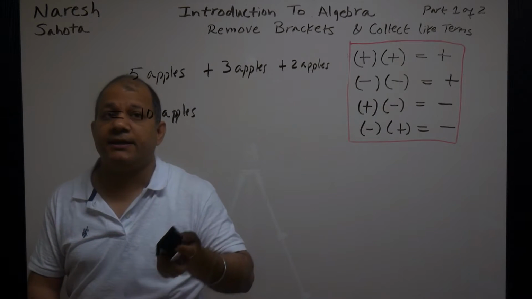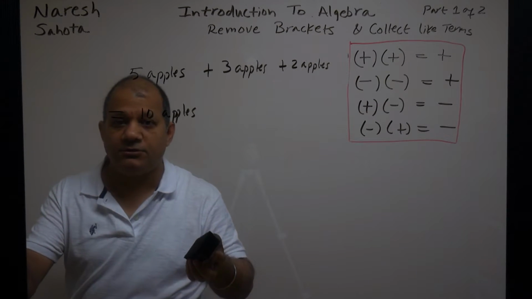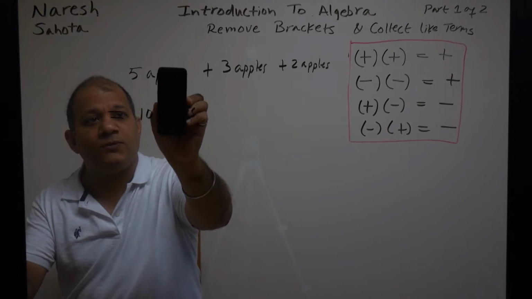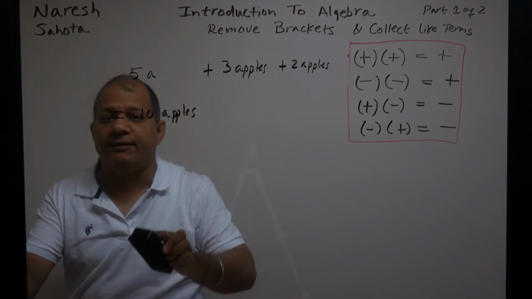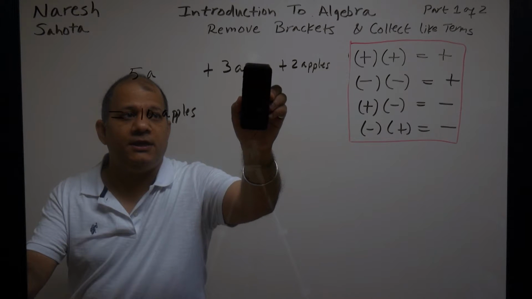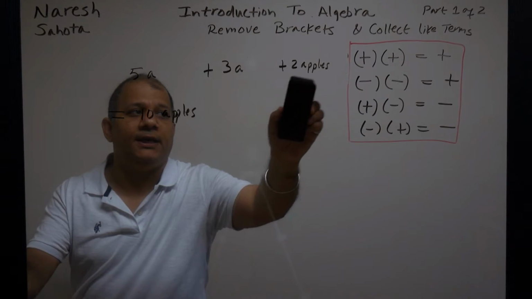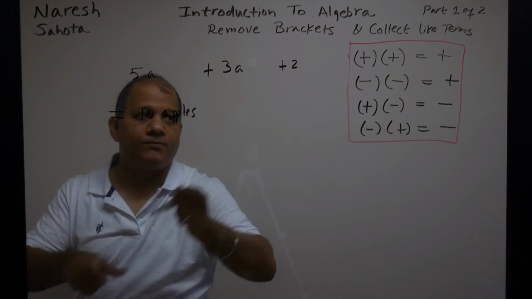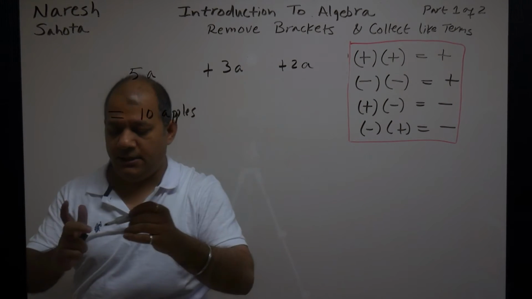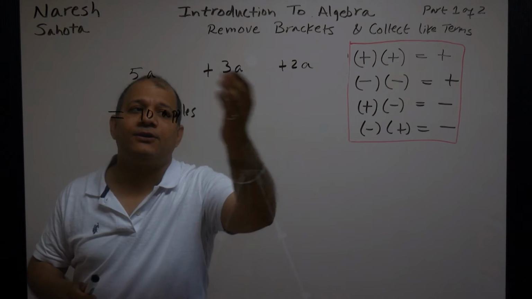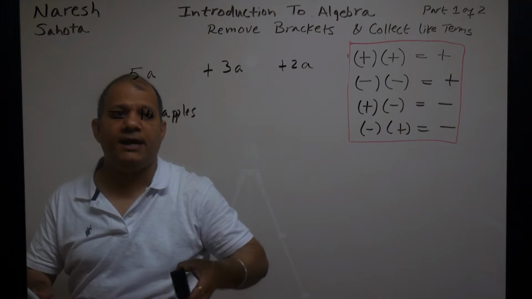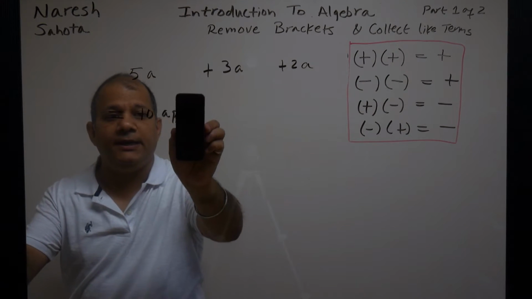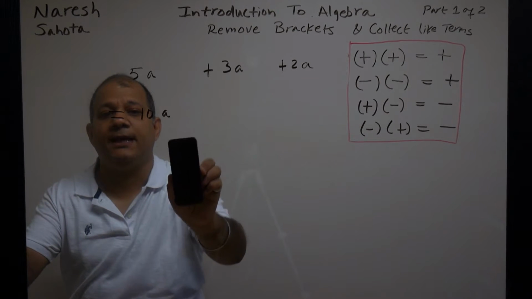Instead of writing apples, let's use the letter A. So this term could become 5A, and this could become 3A, and this could become 2A. A for apples. Now collect like terms. How many A's do we have? We have 10 A's, 10 apples.